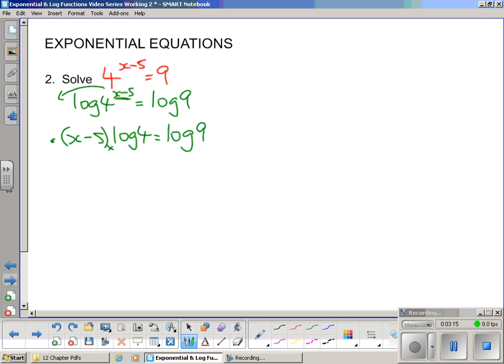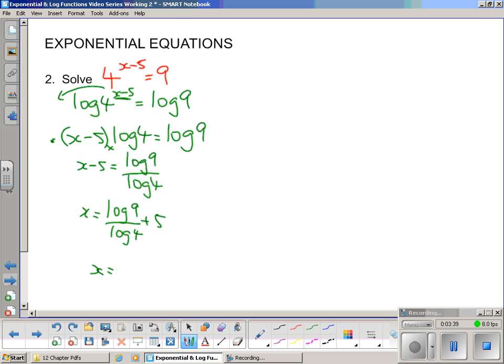Okay, so when we divide by log 4, we get x minus 5 equals log 9 divided by log 4. And to get x on its own, which is what we're trying to do when we solve things, we can add 5 to both sides. So we get log 9 over log 4 plus 5 this time.